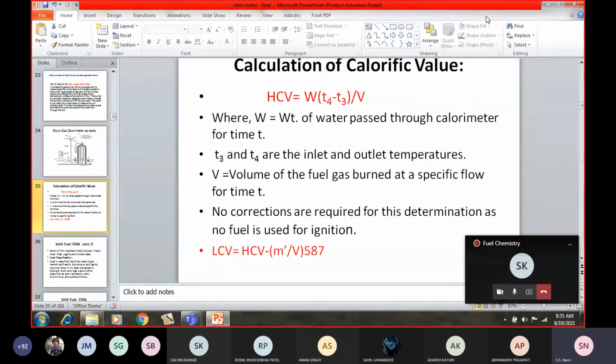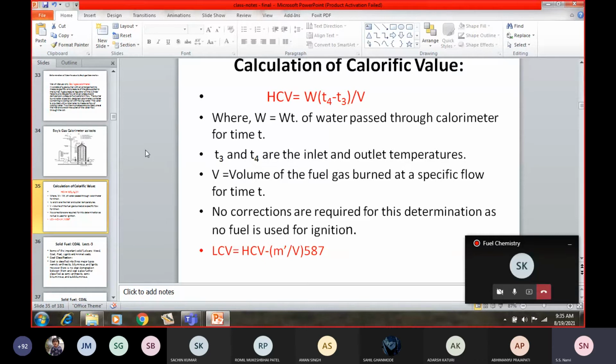Because it is solid or non-volatile liquid, and you put it in the crucible and then you determine. Here the sample is a gaseous sample or volatile liquid sample. So therefore, you cannot weigh the sample and put it into the bomb calorimeter. So that is why these are two different types of calorimeter for different types of sample.